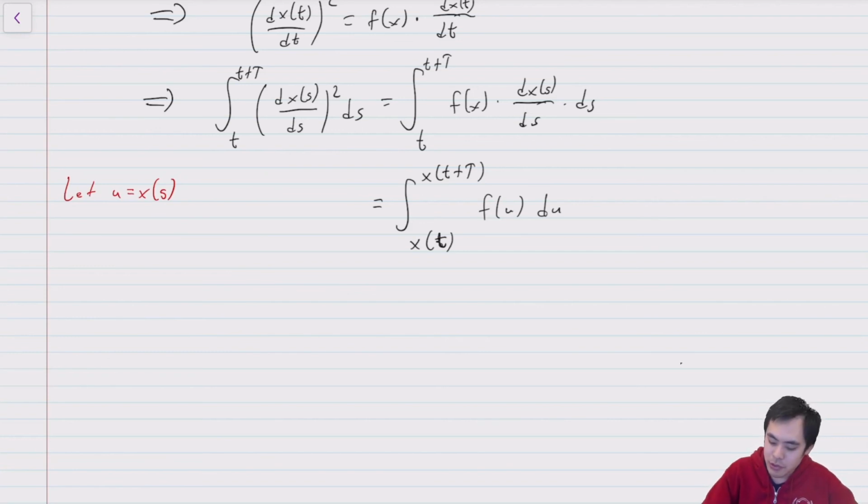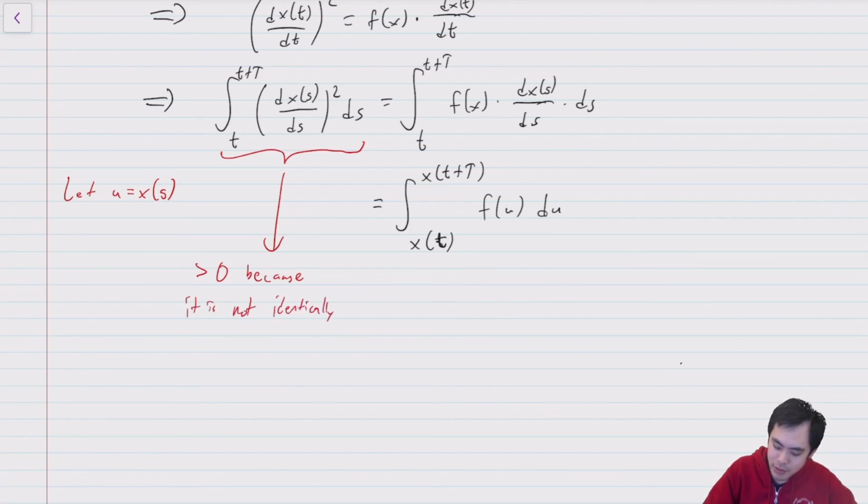But now, what you'll notice here is that this quantity is greater than 0, because it is not identically 0, since we assume that it's not constant. However, this quantity here is equal to 0 by periodicity, since it goes back to where it started.